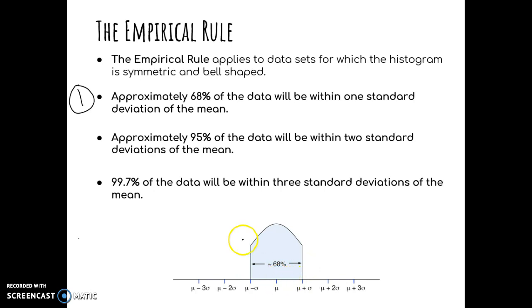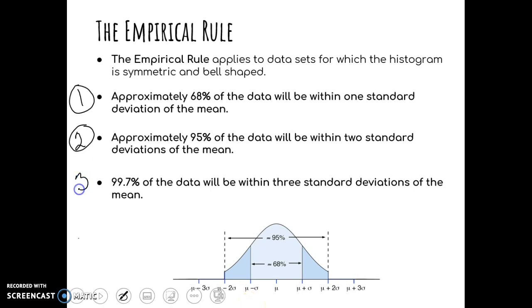Okay. Now, if we go out 2 standard deviations from the mean, add 2 standard deviations, and subtract 2 standard deviations, those 2 boundaries will have 95% of the data fall between them. So 95% of the data falls within 2 standard deviations above and below the mean.